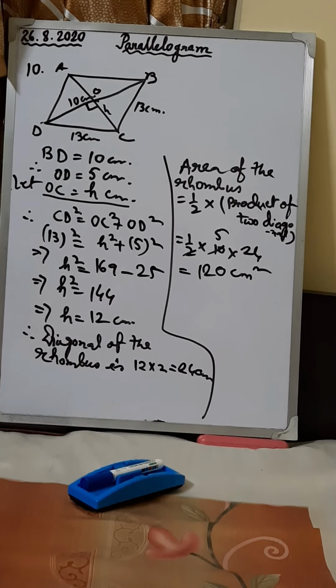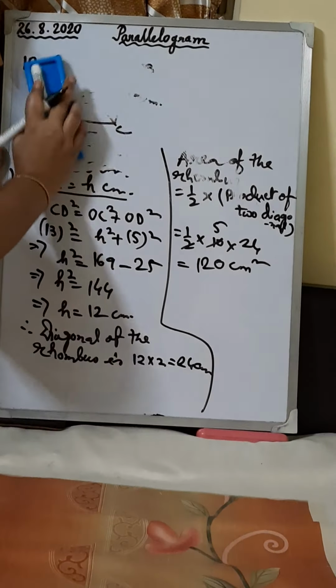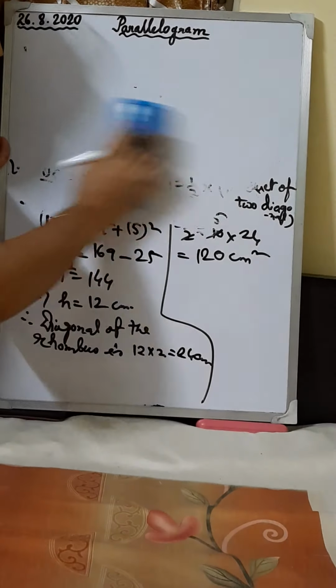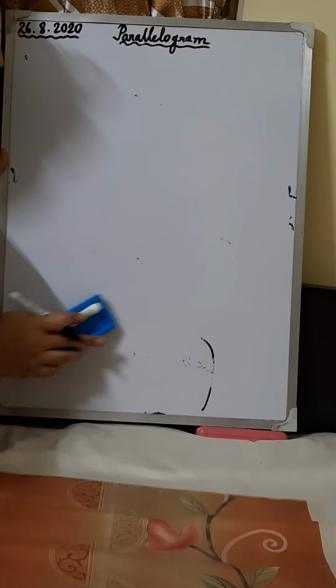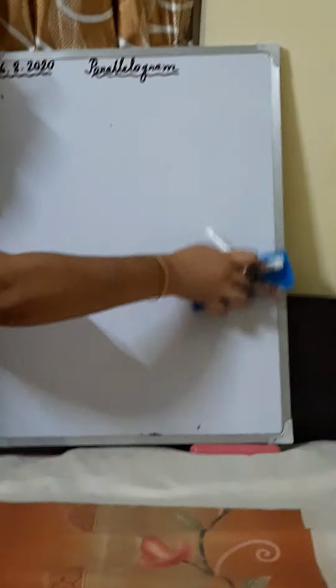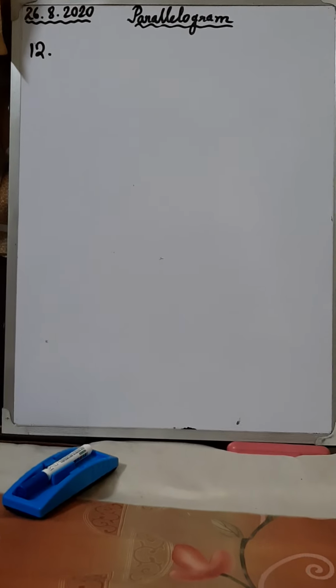Now see question number 12. Question number 12 is given that a man crosses a distance of 96 meter while going around a rectangular field of length 18 meter twice.